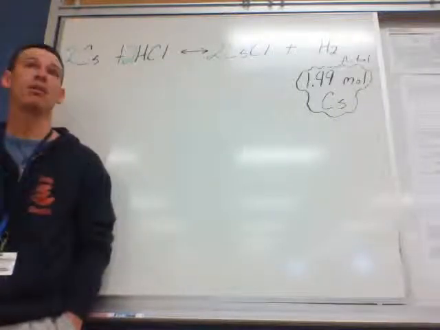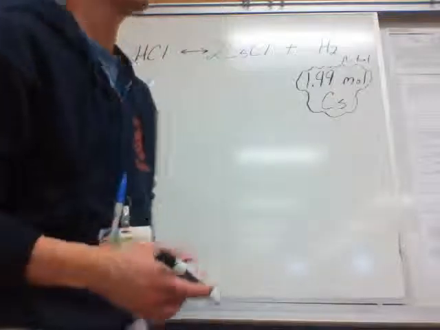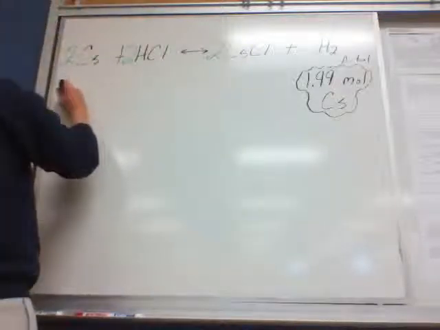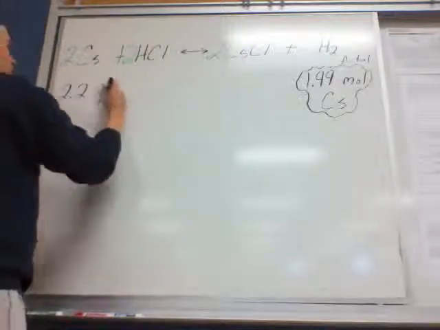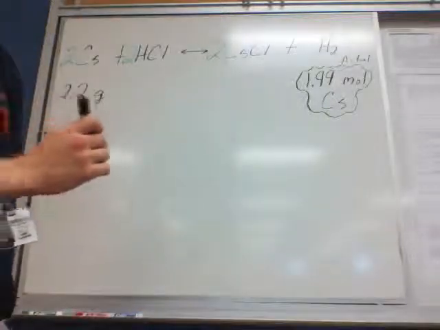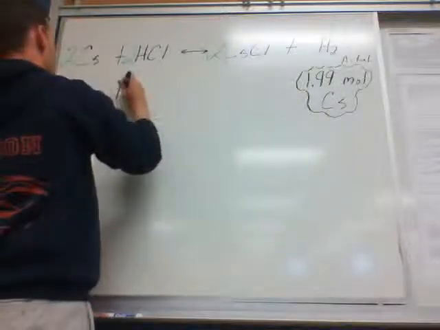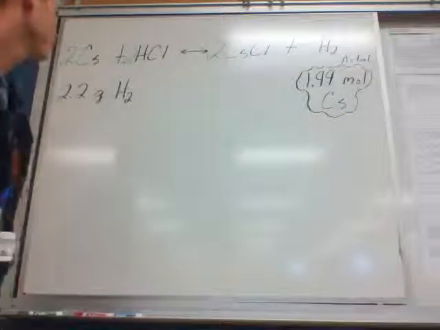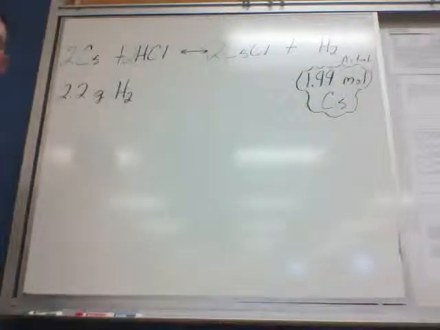The other number is the given number. And in this case, it's 2.2 grams of H2. So there's all of the given stuff that will go into our grid, because we have to find the theoretical to work with our actual.